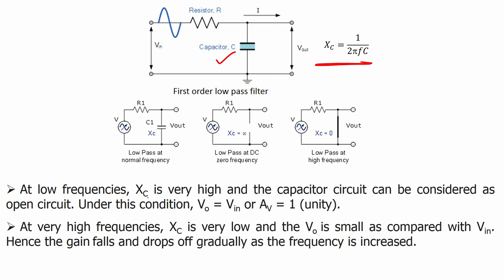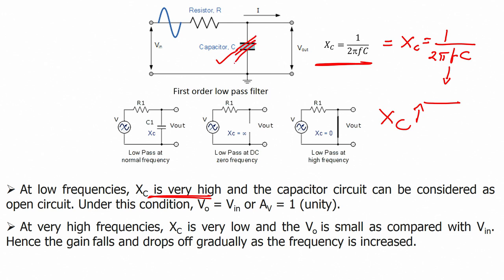At low frequency Xc is very high, because the frequency is extremely low, since we are passing low frequencies. So, for low frequencies Xc would be high. When Xc is very high, the capacitor is considered an open circuit, that means it is not conducting.